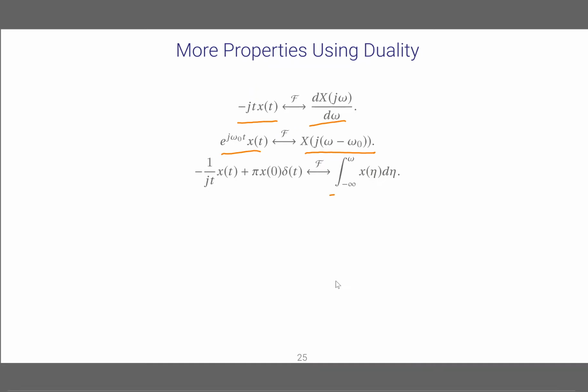Also the running integral in the frequency domain would give minus 1 over jt x(t) plus pi x(0) delta(t).